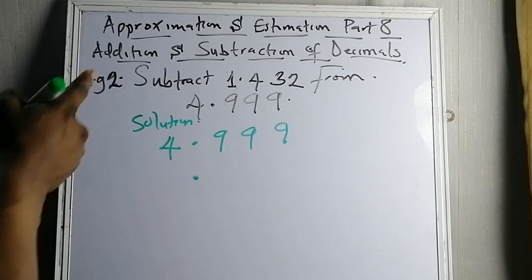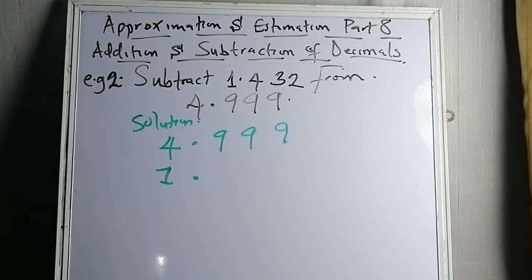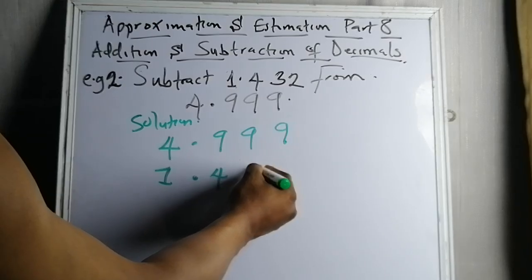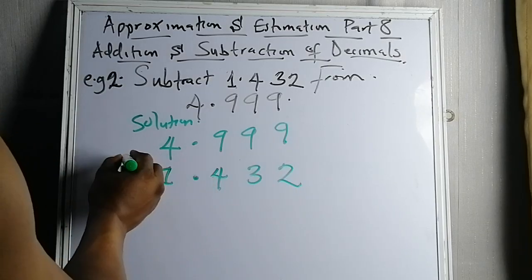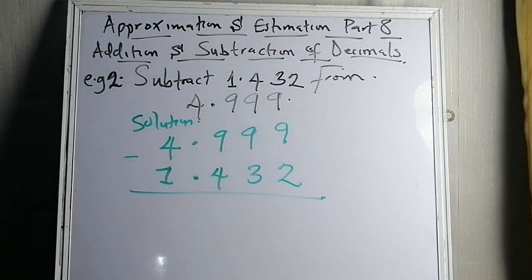How many figures are before the point? 1. You put your 1 there. After the point, arrange it accordingly: 4, 3, 2. If you don't follow it exactly the way it is, you'll misplace it, especially when before the point you have maybe 2 figures or 3 figures. You understand? So you need to follow it accordingly.